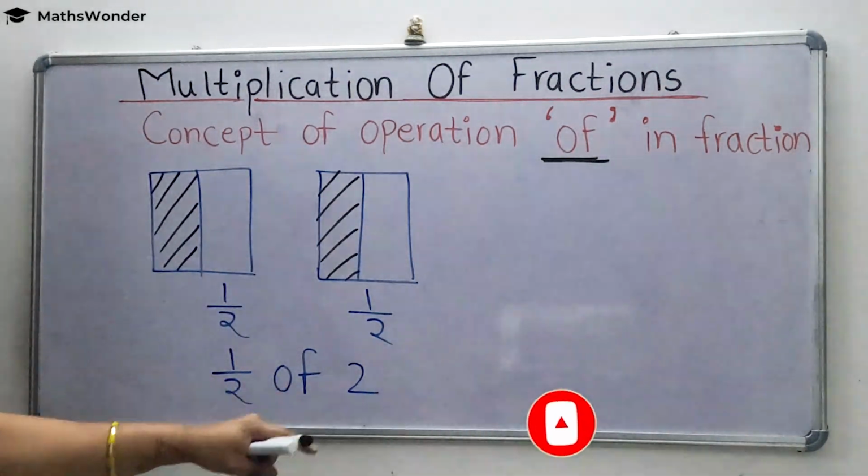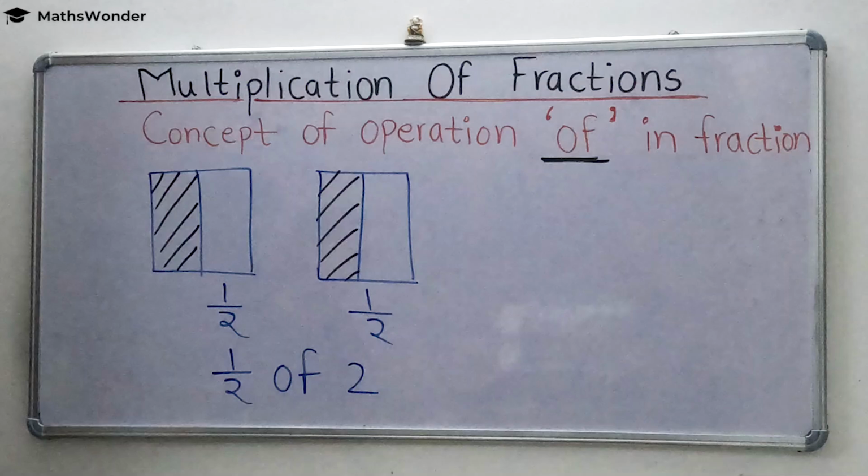You can write it as half of 2, because we have 2. So when we combine the two shaded half parts, we get one whole, right?